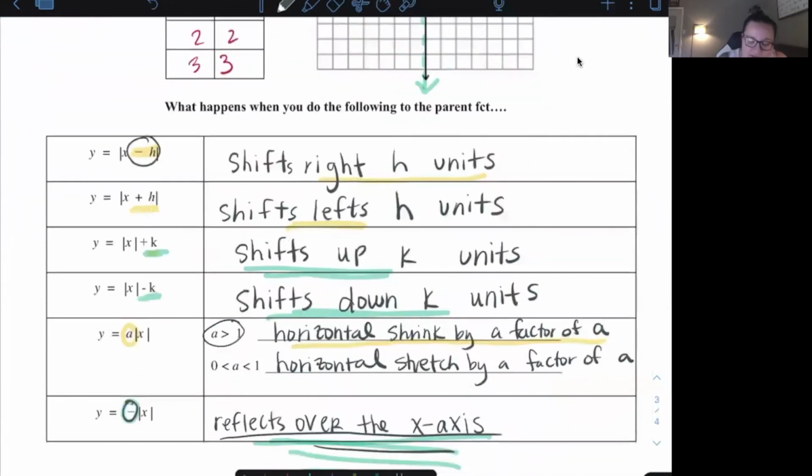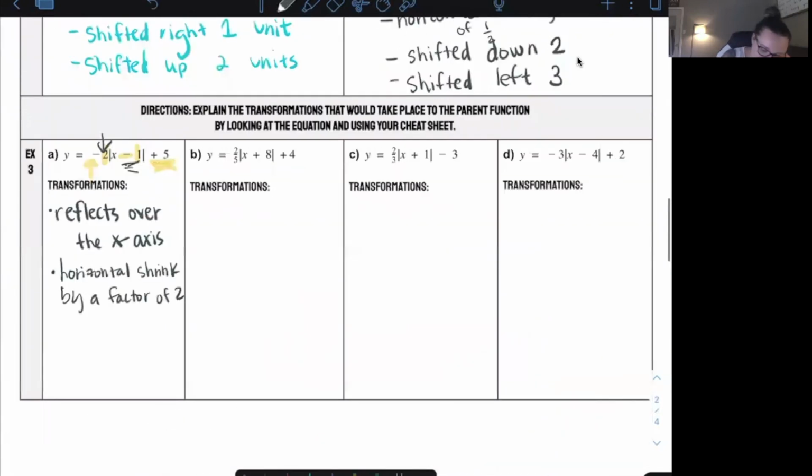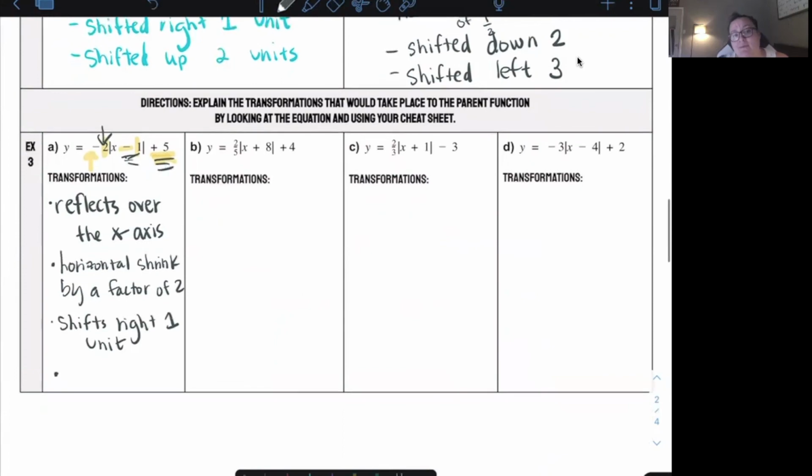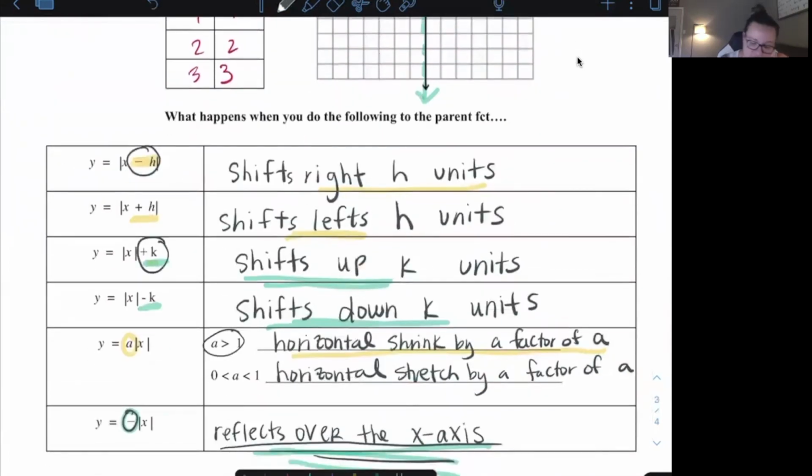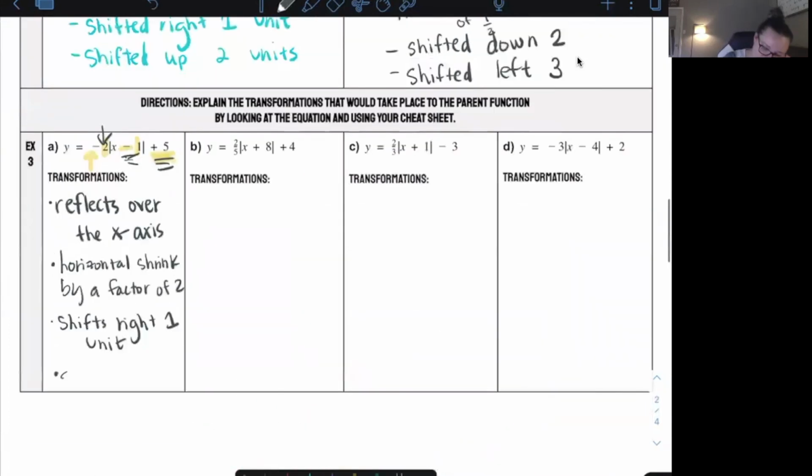Subtracting a number inside the absolute value shifts the graph right that many units. So we shift right 1 unit. And then last but not least, I'm adding 5 outside of the absolute value. When I add outside the absolute value, I shift the graph up that many units. So I'm going to shift up 5 units.